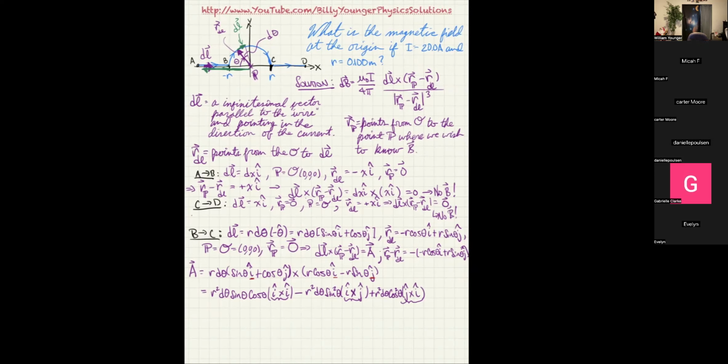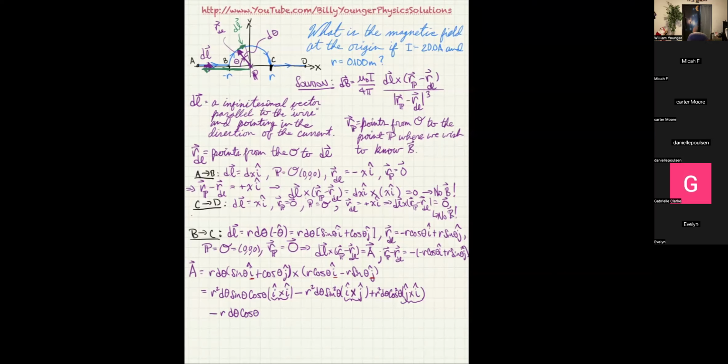So now I'm going to put a plus for the J hat hitting the J hat. And now I'm going to get r d theta cosine theta again. But this time, when I get to the other side, again, I run into that negative. So I'm going to erase this positive and make it a subtraction like I did last time.